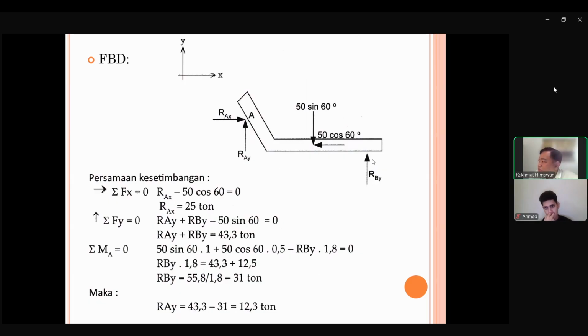Then you can find the other, which has only one reaction and is easier to calculate. After you find this one reaction, you can use it to find RAY by just sigma Fy. That's the trick: the point to use for the moment is the point that has the most reaction forces. Yeah.